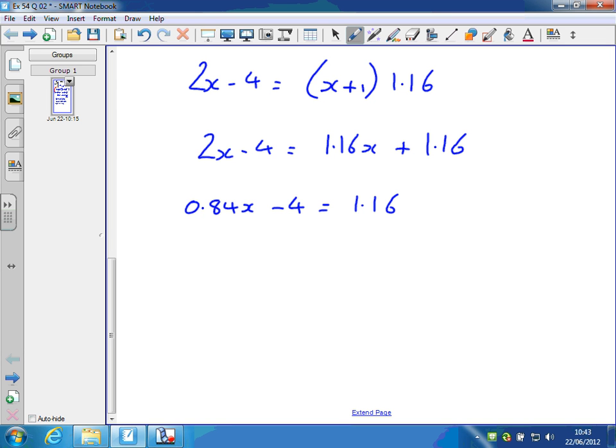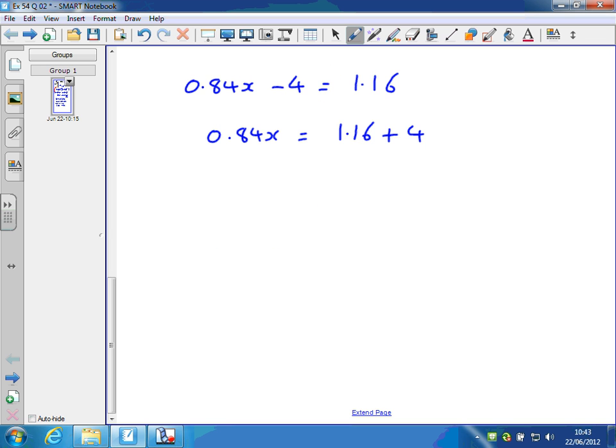And then adding 4 to both sides to get rid of the minus 4 on the left, I get 0.84x equals 1.16 plus 4. So 0.84x equals 5.16. Now divide both sides by 0.84 and I get x equals 5.16 divided by 0.84.